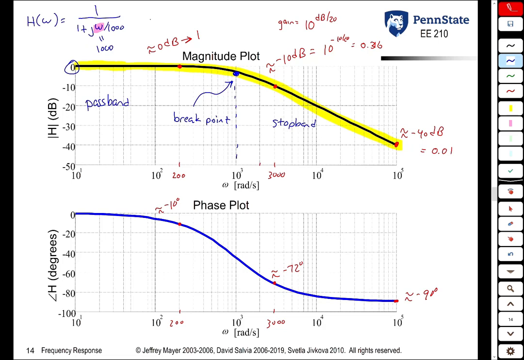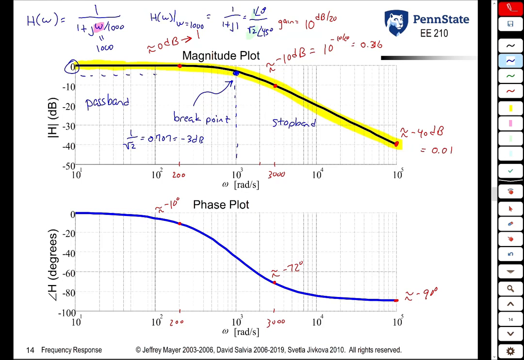If you evaluate H of omega right at the breakpoint, what do we see? We get 1 over 1 plus j1, which in polar coordinates is 1 at an angle of 0 over the square root of 2 at an angle of 45 degrees. 1 over the square root of 2 is 0.707 or minus 3 dB, and sure enough, at this breakpoint, the magnitude response is minus 3 dB.